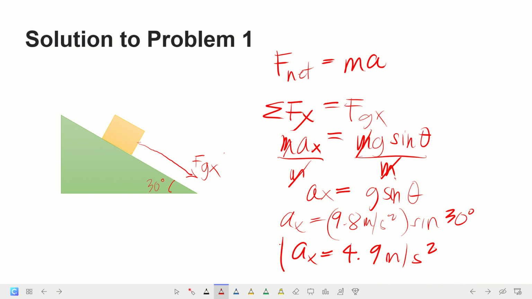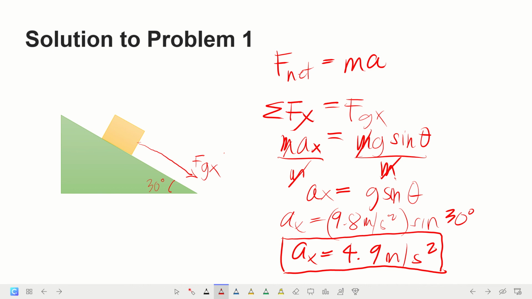So that would be the acceleration of our object. So at a 30-degree angle, the object will accelerate at a rate of 4.9 meter per second squared. So yan ang ating acceleration when this ramp is raised at a 30-degree angle.